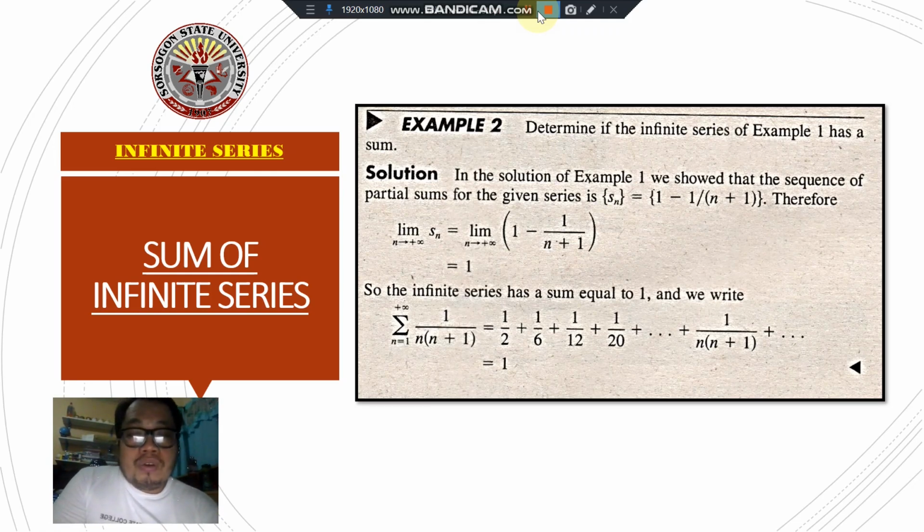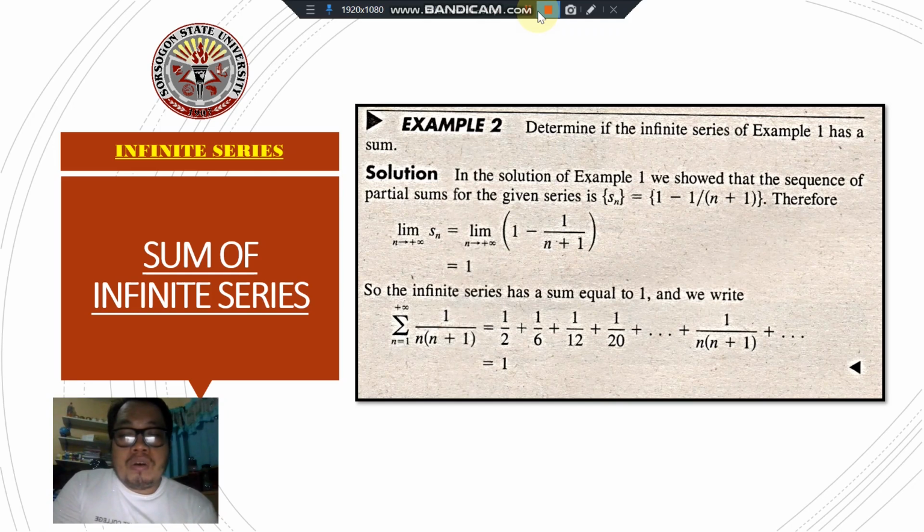So on this example, we have found out that the limit exists for such sequence of partial sums. So with that, the series is convergent since the limit exists, which is equal to 1.